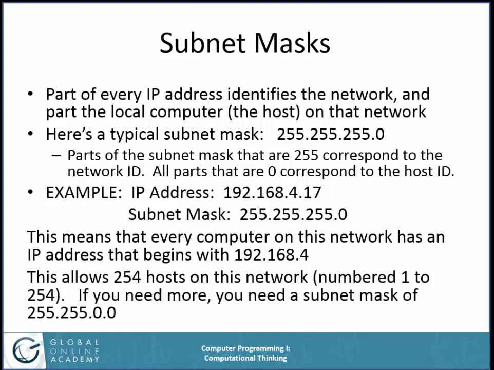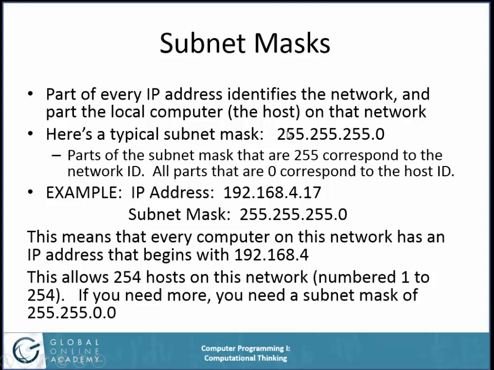So part of every IP address identifies the network, and part of it identifies the local computer, the host on that network, because the internet is based on having networks, local area networks, that are connected to each other. That's the inter part of the internet. And in a local area network, the IP addresses all start the same.